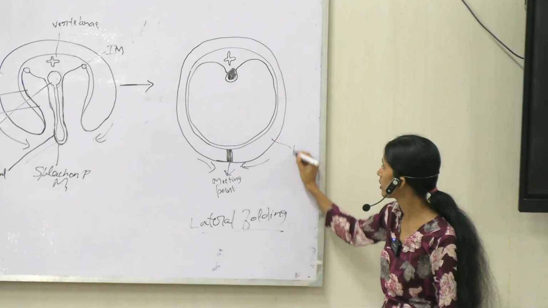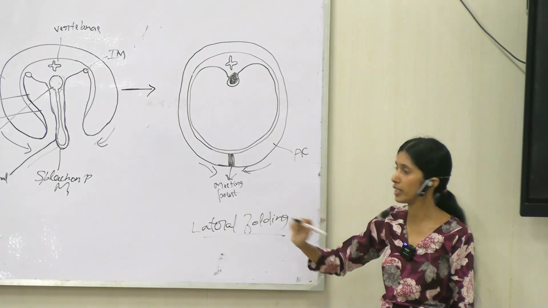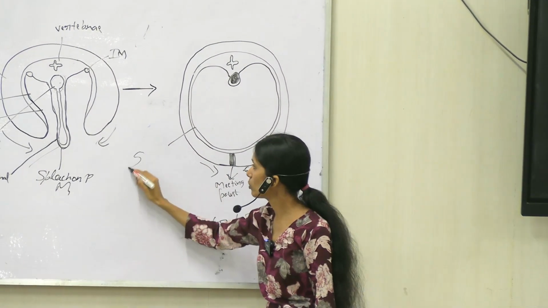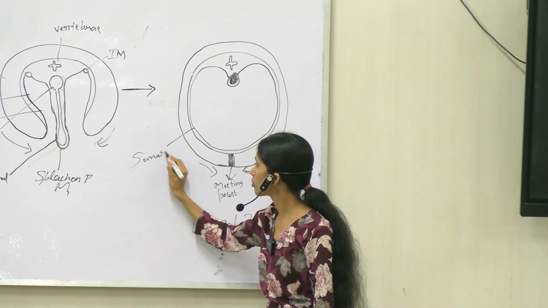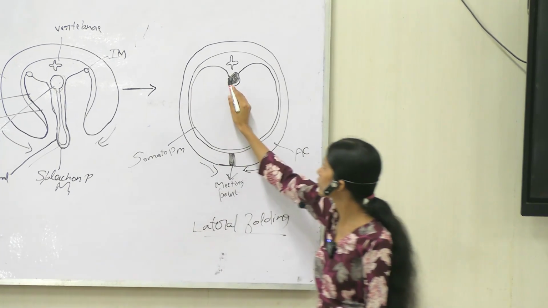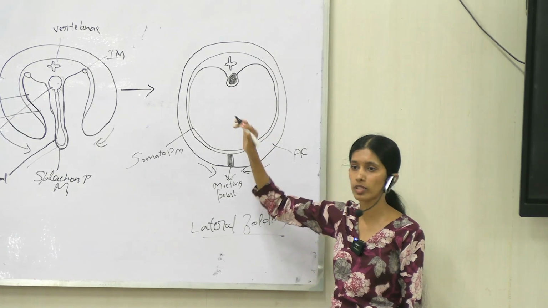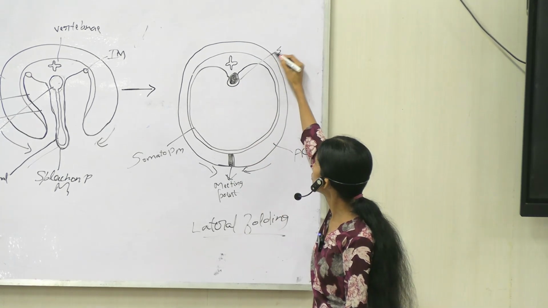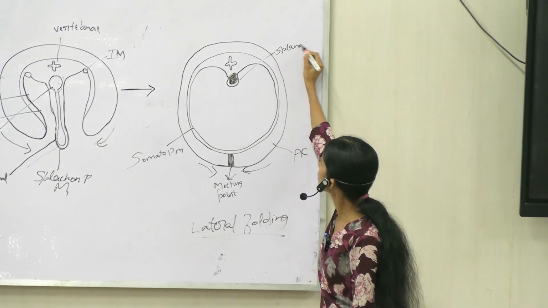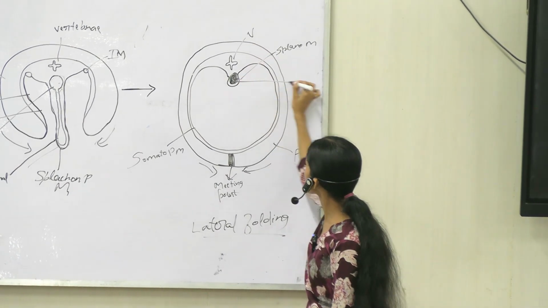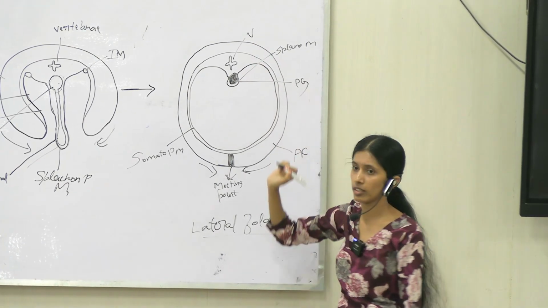This is your amniotic cavity and this layer is your somatopleuric membrane, the one which is in contact with the primitive gut, that is a part of yolk sac, is splanchnopleuric membrane, and this is vertebrae and this is your primitive gut.